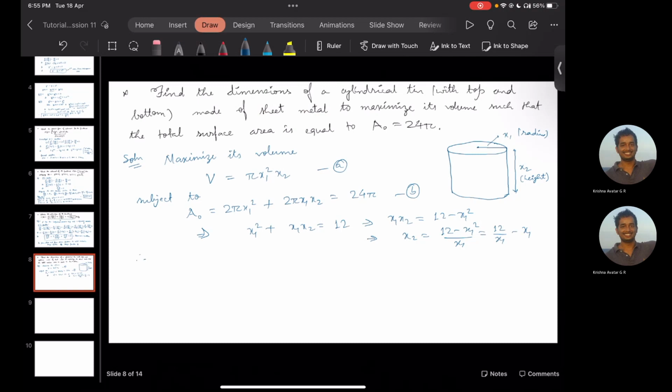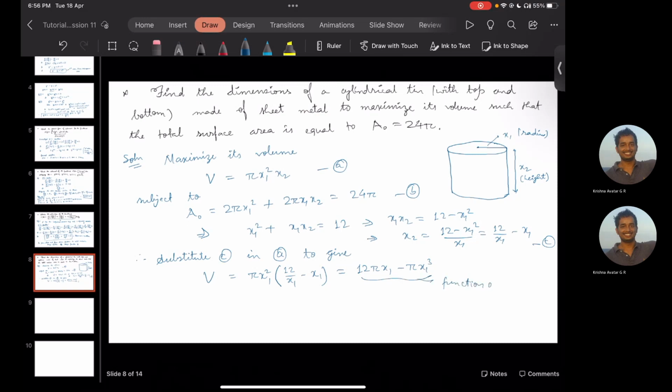We call this C. Therefore, substitute C in A to give V equal to 12 pi x1 minus pi x1 cubed. And what you see is now V is a pure function of x1.